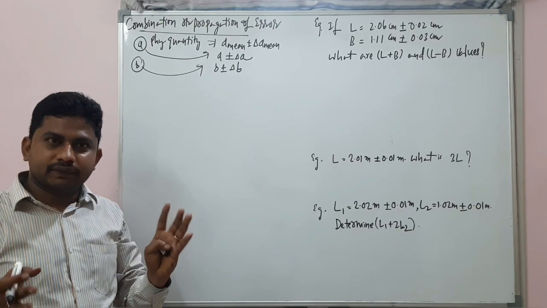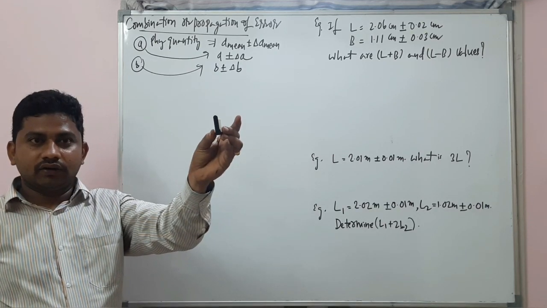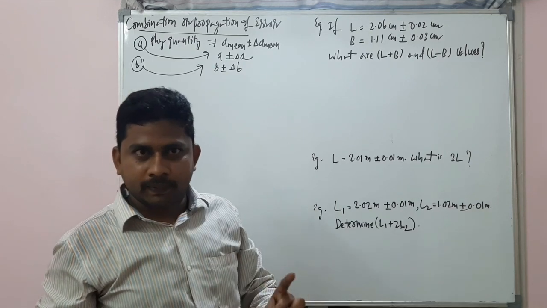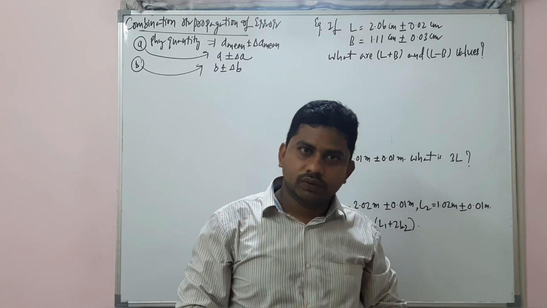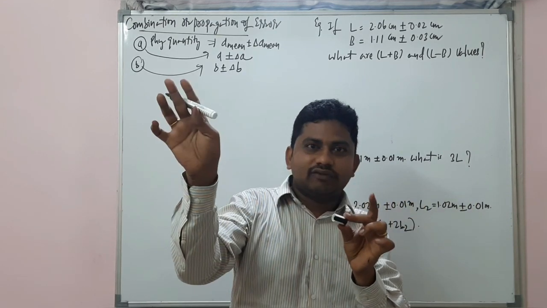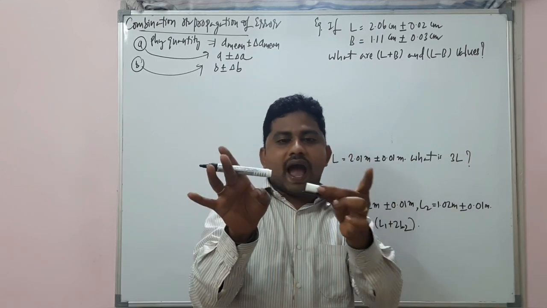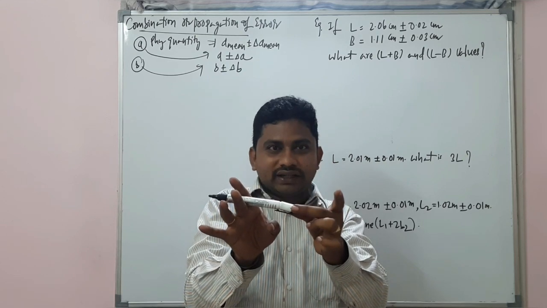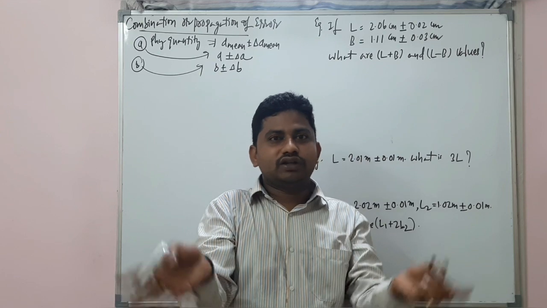Clear? Understand? A length is measured for this small rod, and the length is measured for this other small rod also. There is an error involved in this measurement, and an error involved in this measurement also. When I add these two, the final length you get will also have propagated errors.